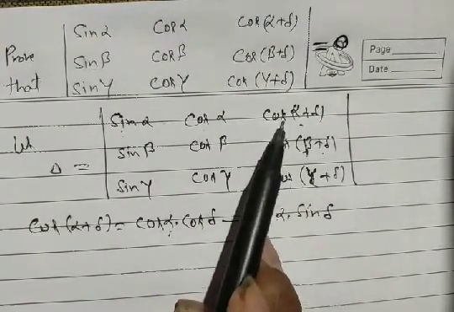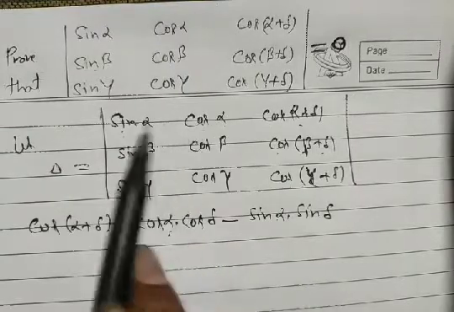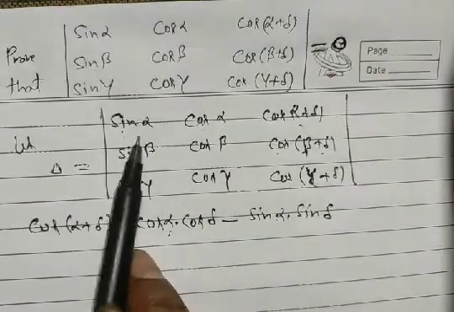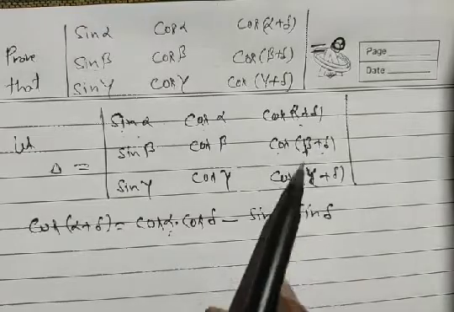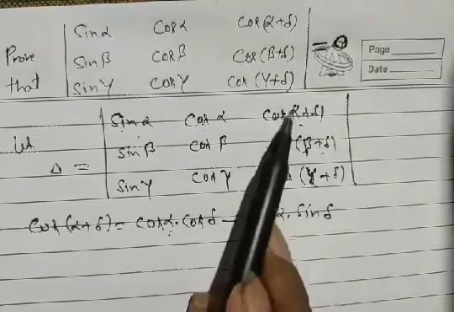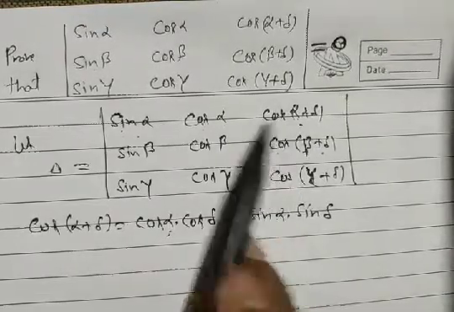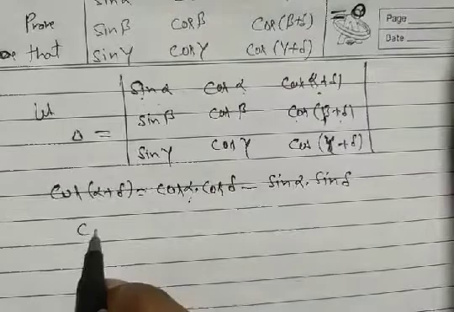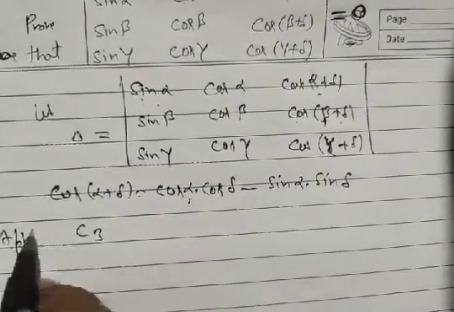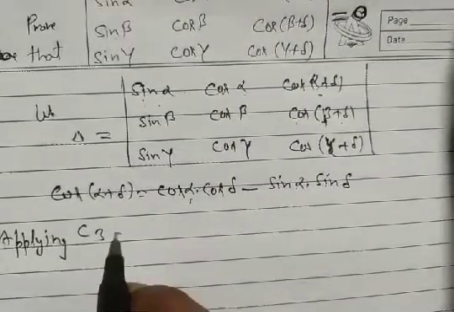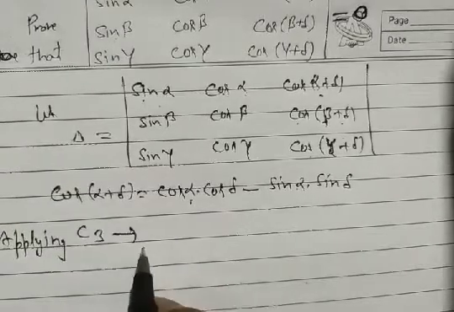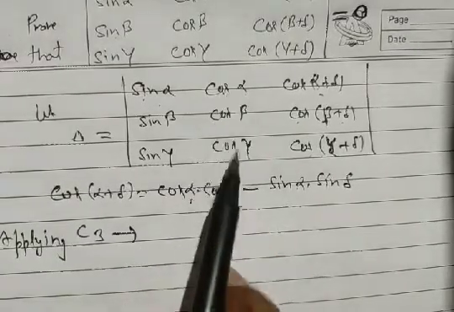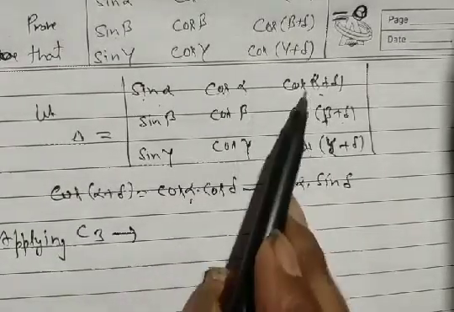We are going to operate C3 minus C2, and this is negative, plus C1. Then our terms are going to be 0 there. Then we apply the operation: C3 changes by multiplying C2 by cos delta, and this is positive.